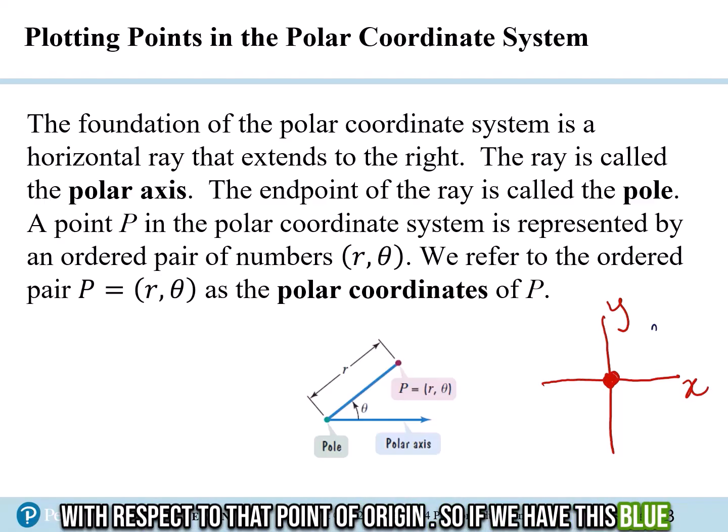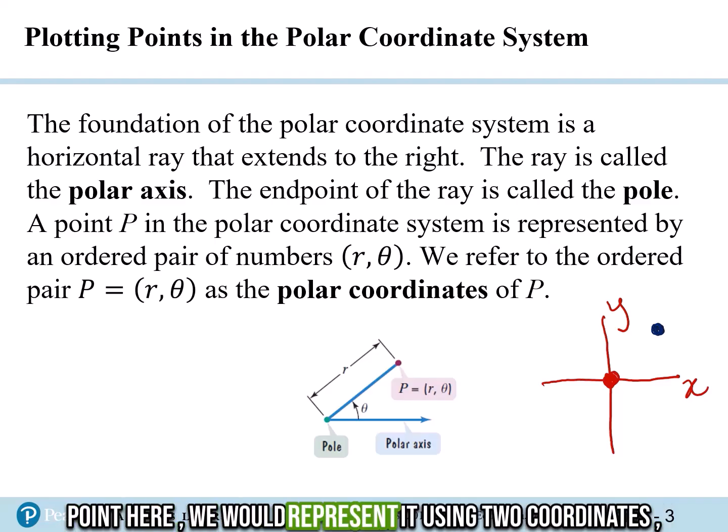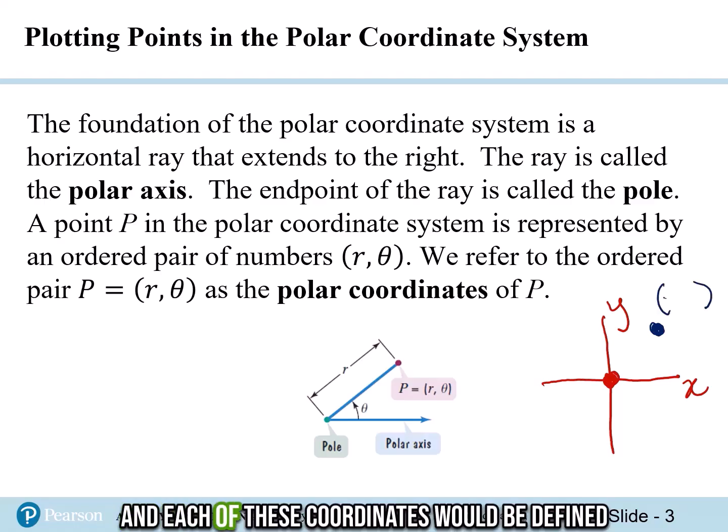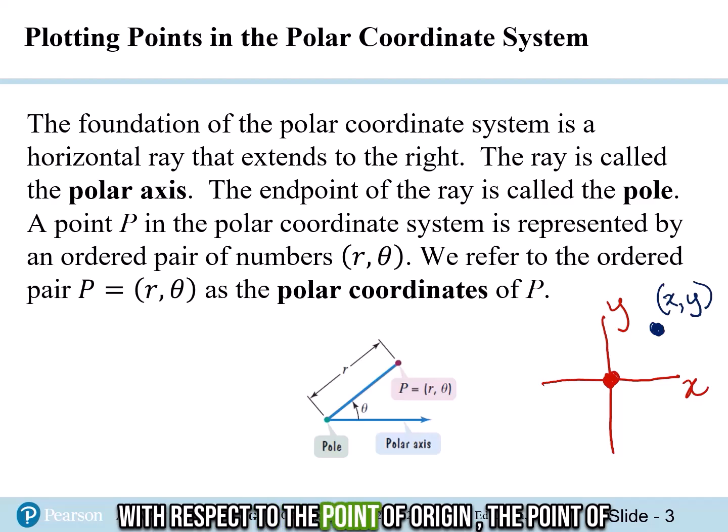So if we have this blue point here, we would represent it using two coordinates, the x and the y coordinate. Each of these coordinates would be defined with respect to the point of origin, the point of intersection.